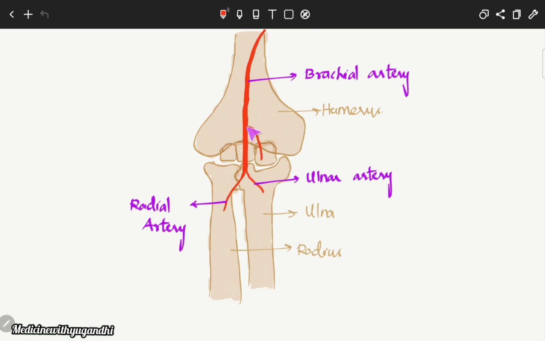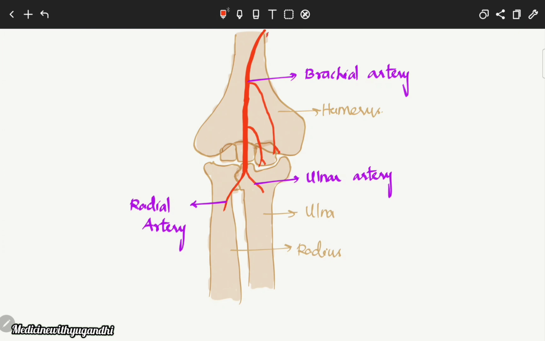From the brachial artery, there arises a branch called inferior ulnar collateral and the superior ulnar collateral. And a largest branch called the profunda brachii arises from the brachial artery just below the lower border of the teres major muscle. This was discussed in the previous video on the brachial artery. If needed, you can check the description box for the link.